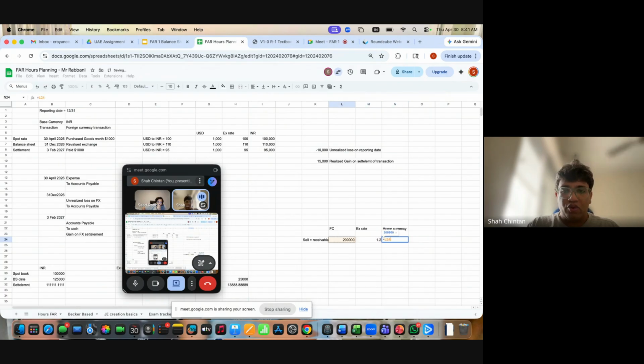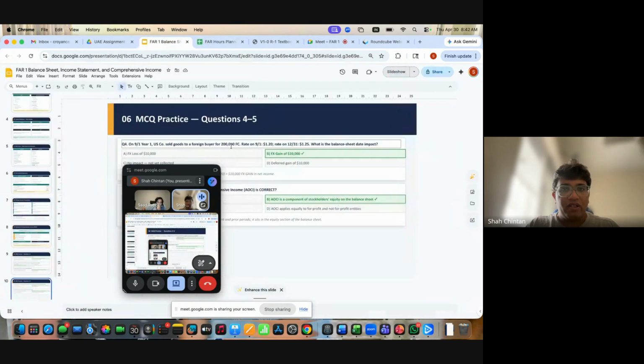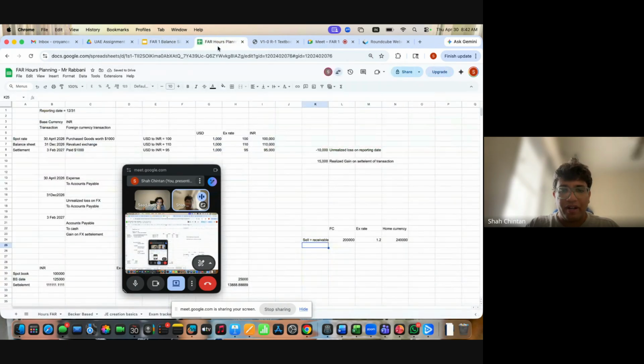So you are supposed to receive 2,40,000. Now, the exchange rate increases to 1.25, same amount. Now you are going to get 2,50,000 as home currency. So you are getting more amount. So it's a gain because you have sold the things.